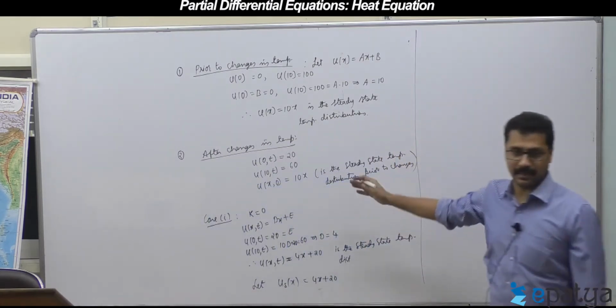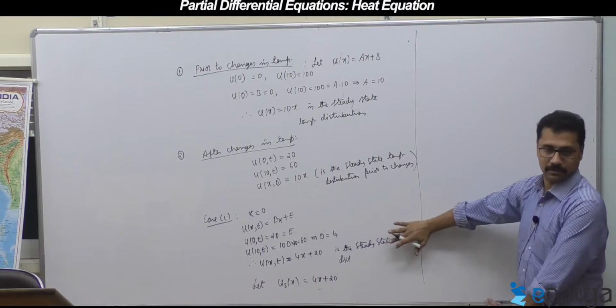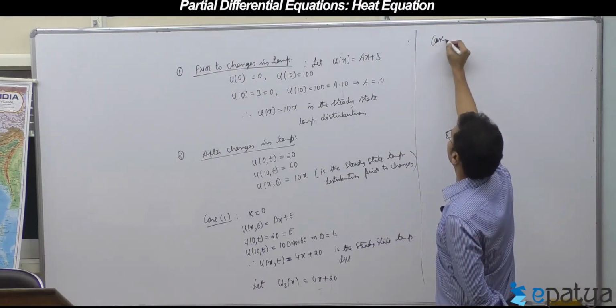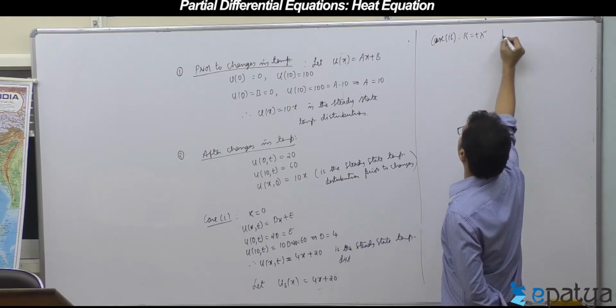You understand it? I am going in a very phased wise manner. Finally, coming back to the same old story. Case 2, k equal to plus lambda square, invalid.